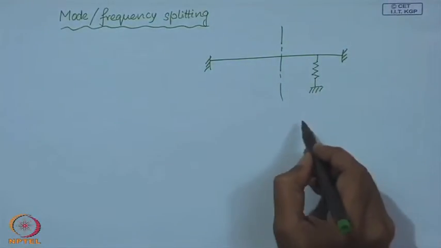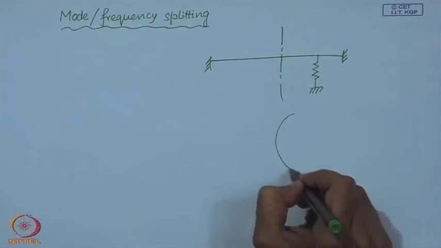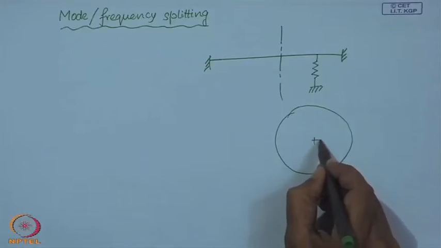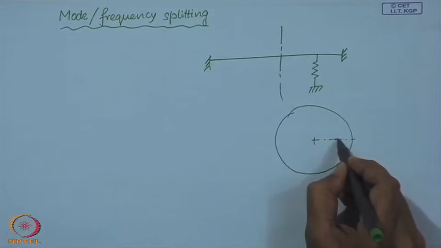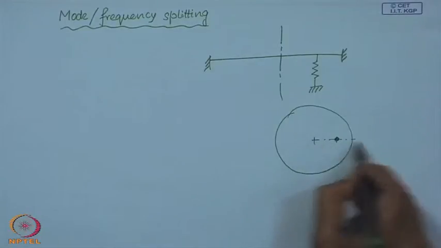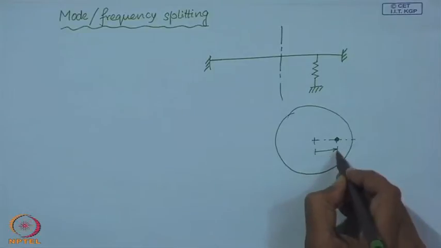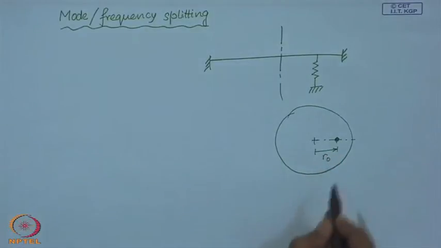So, let us consider that we have, this is the top view, I have put the spring here, at phi equal to 0. So, this is a reference line, phi equal to 0 and r equal to r naught.